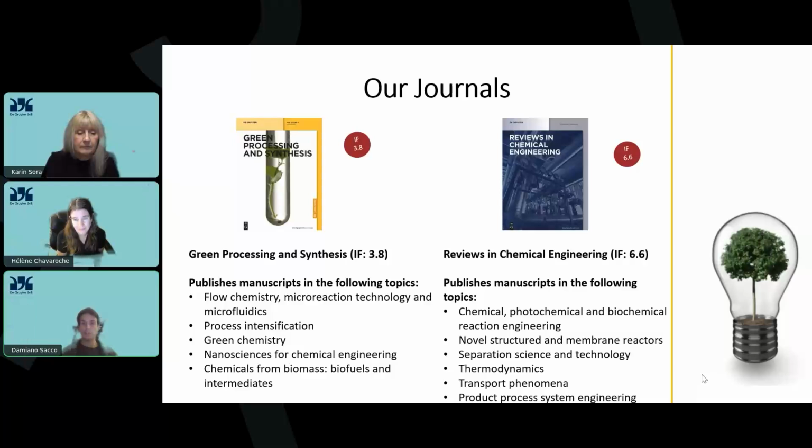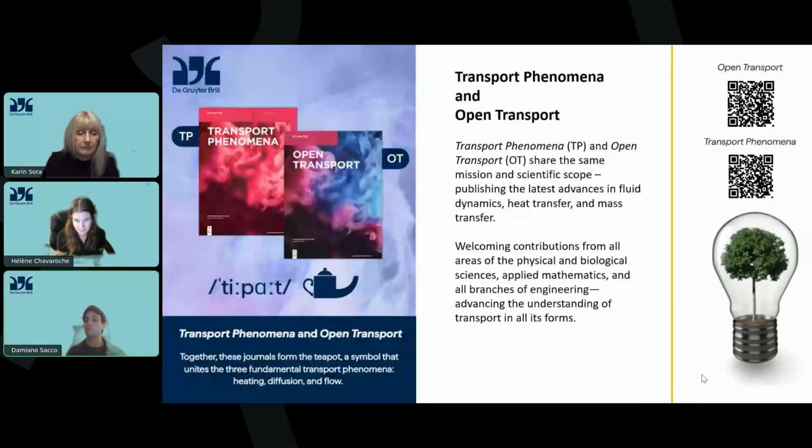In addition to these two journals, which are two very well-established journals of ours, we have just launched as a company-wide effort 2 new journals in which we're putting a lot of efforts, which are Transport Phenomena and Open Transport.